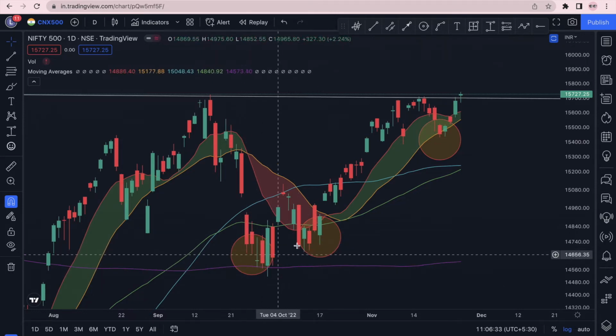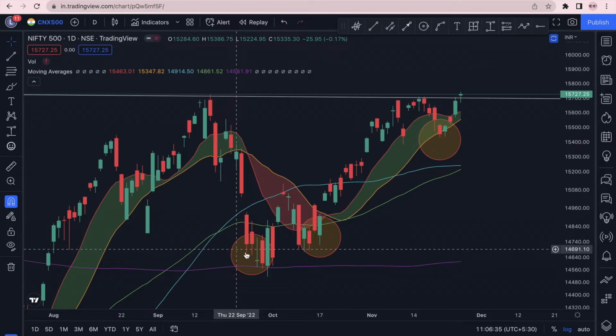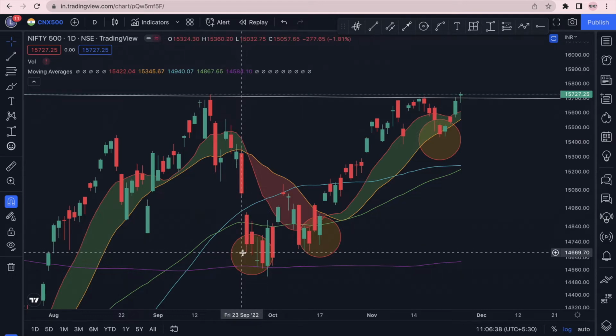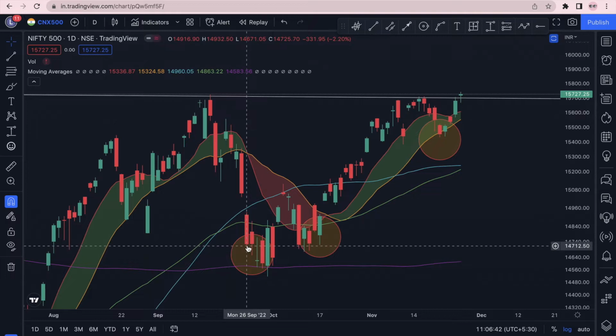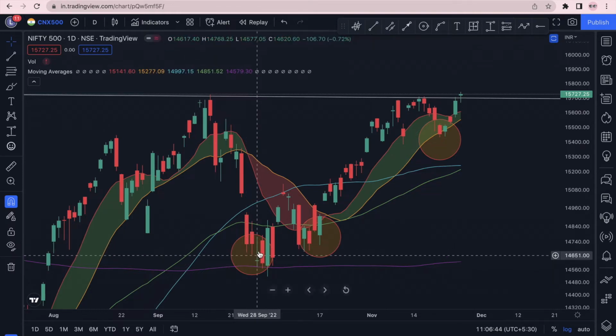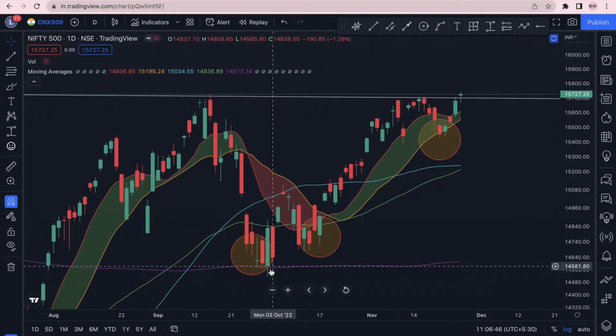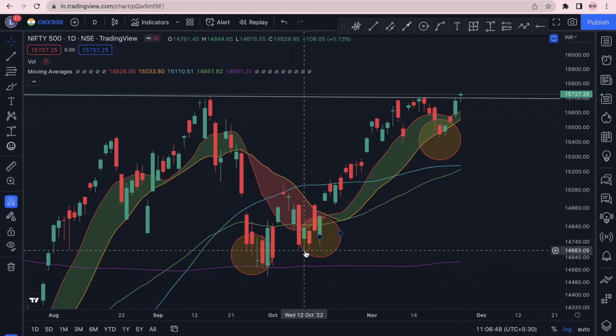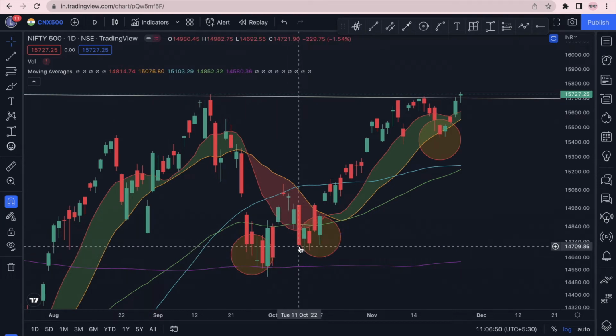So a long tail candle, what it means is that the price came to the end of the candle, and then buying came, and then again price shot up. So everywhere where there is a long tail candle, it signifies that there is high demand for that stock, and the price might move up, right?